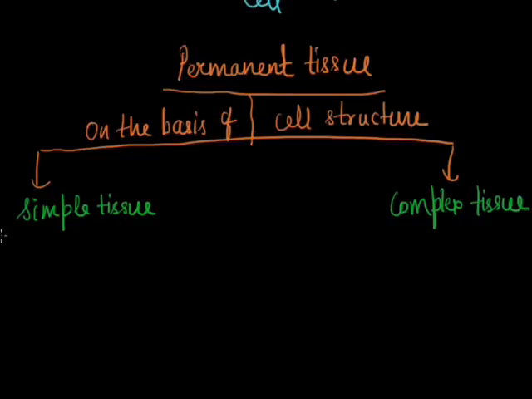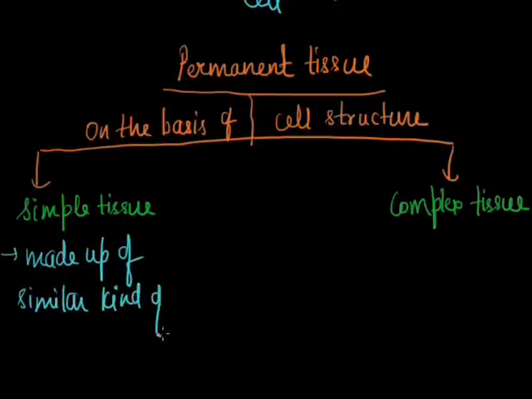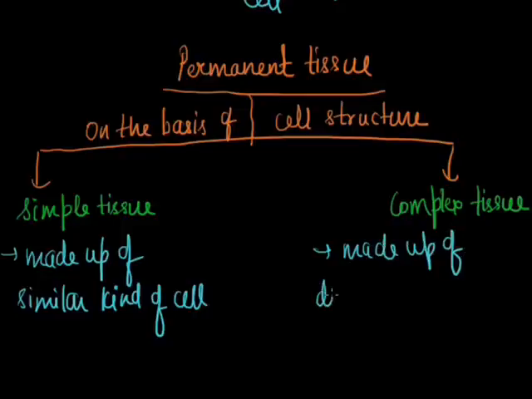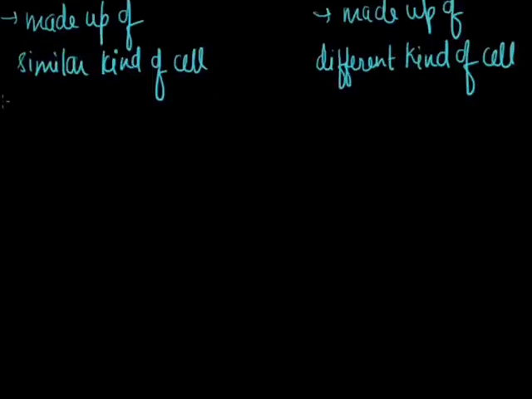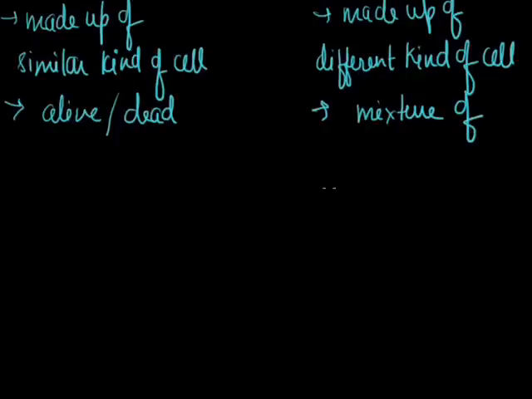Simple tissue is made up of similar kind of cells. And complex tissue is made up of different kinds of cells. Usually simple tissue may be alive or may be dead, and complex tissue is a mixture of alive and dead cells.